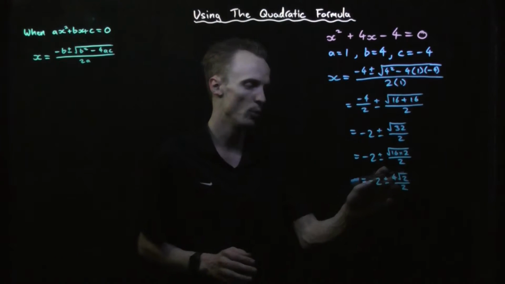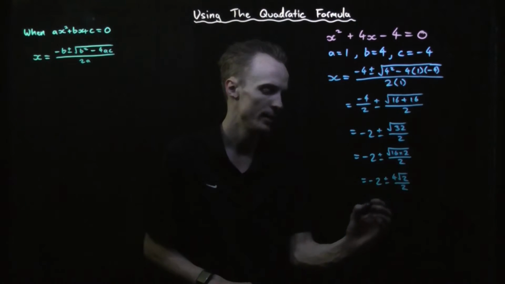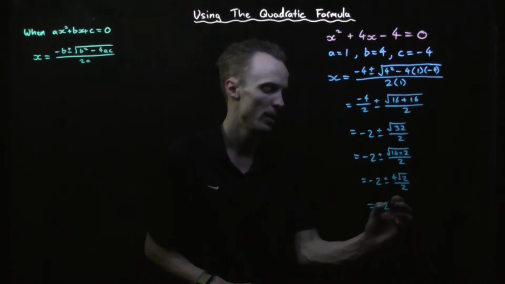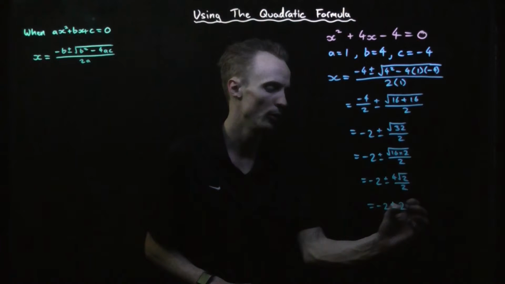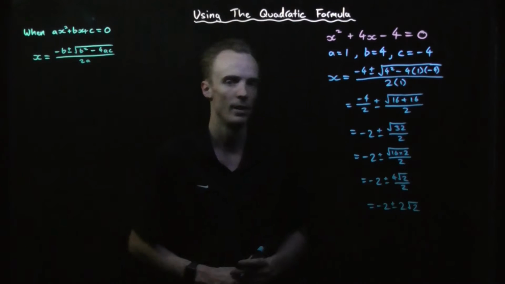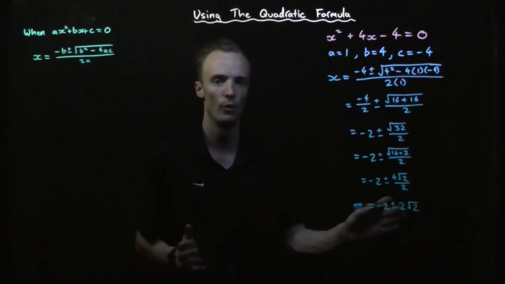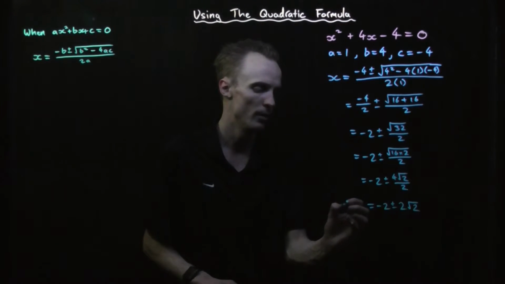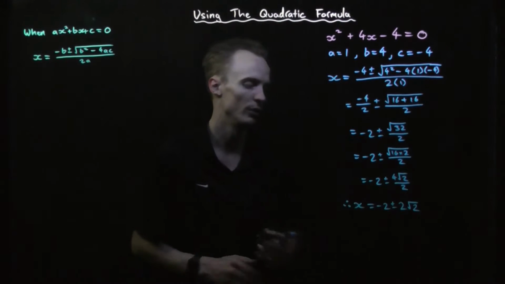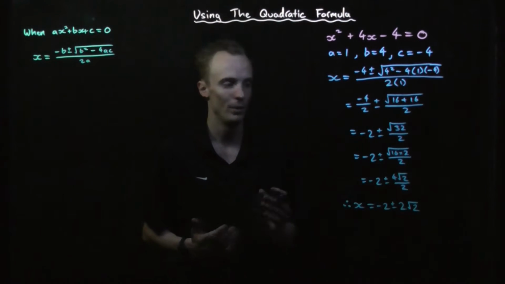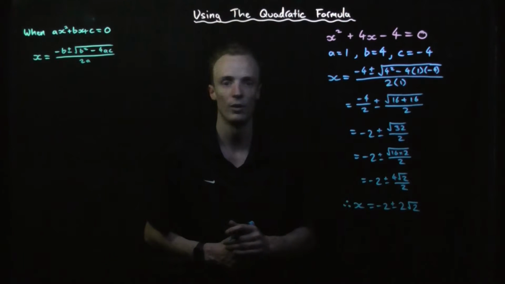Now I can notice that 4 divides by 2 twice, so this is equal to negative 2 plus or minus 2 root 2. And now I've got this in simplest form. So therefore my x has 2 solutions, which is equal to negative 2 plus or minus 2 root 2.